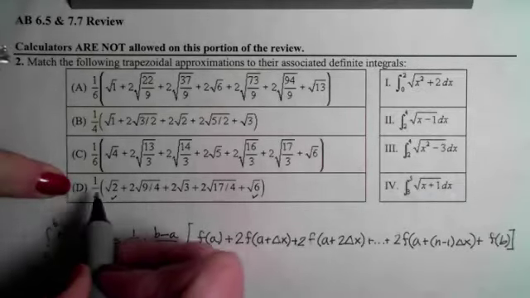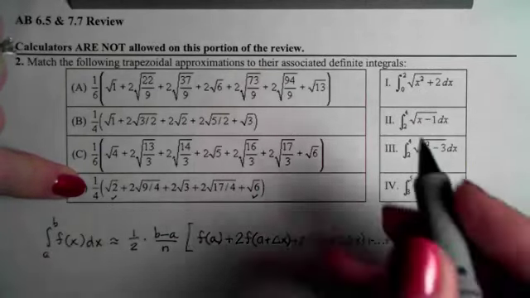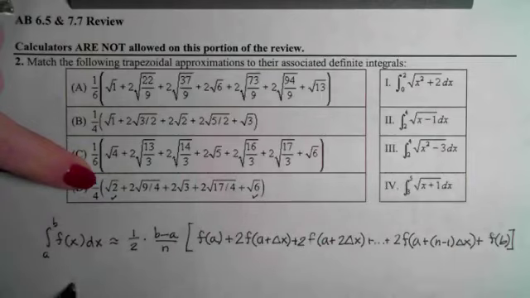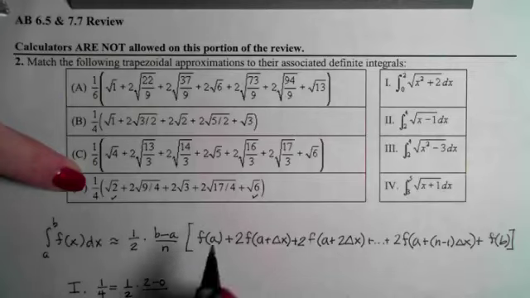The last thing we would check is what's inside here. We need that 1/4, which is the number out in front, to be 1/2 the b minus the a over the n. In order to figure out the n, we need to count how many trapezoids there are.